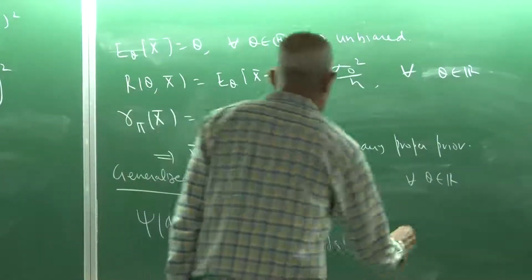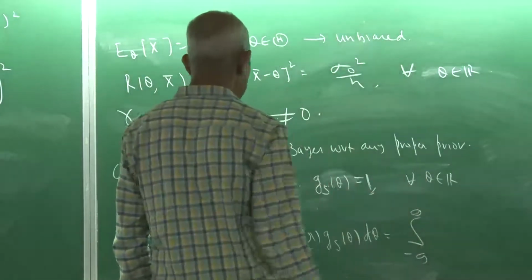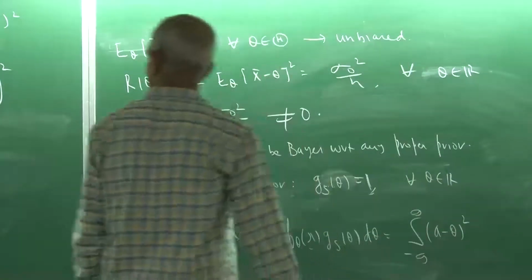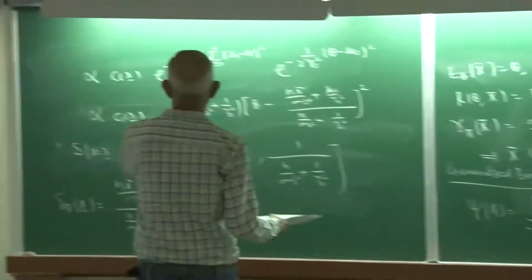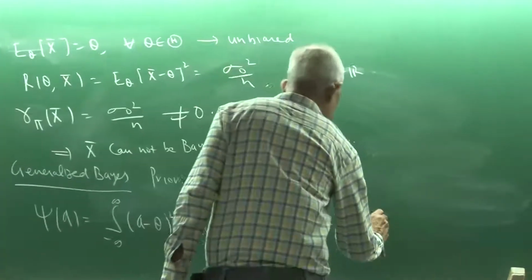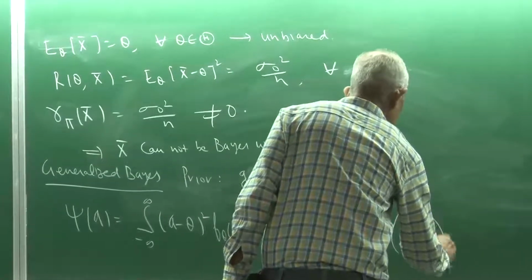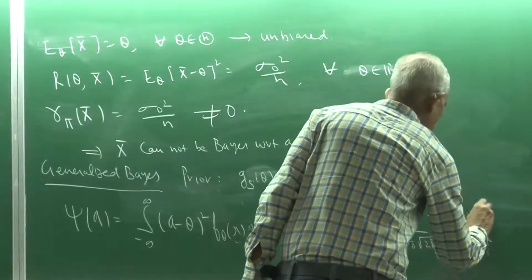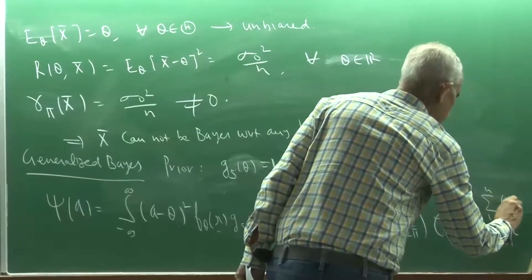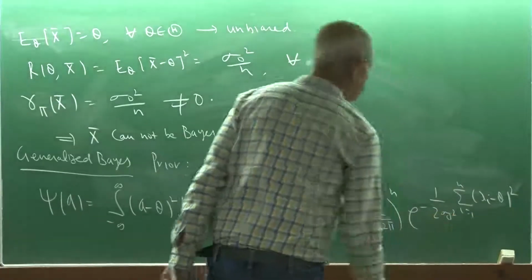That is nothing but the integral from minus infinity to infinity of a minus theta whole square times f theta x. What is f theta x? We have written it down, it is some constant, which is 1 upon sigma naught root 2 pi to power n, e to power minus 1 by 2 sigma square summation i is equal to 1 to n x i minus theta whole square, where sigma is sigma naught square.